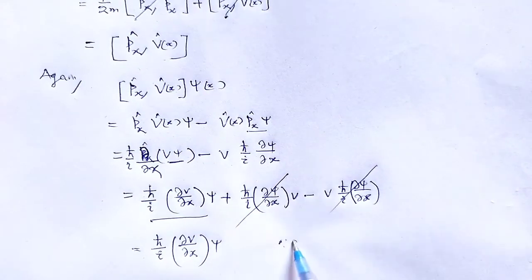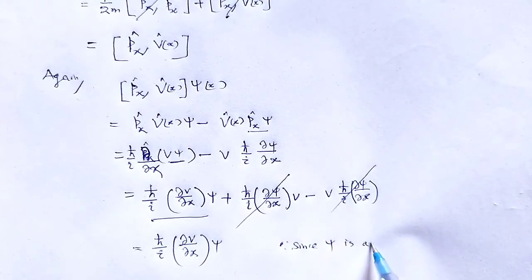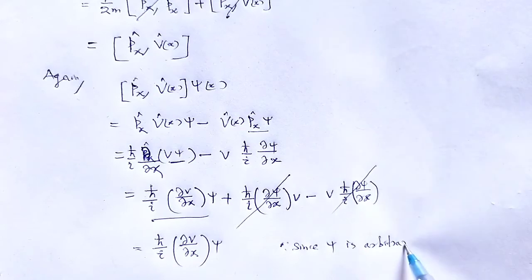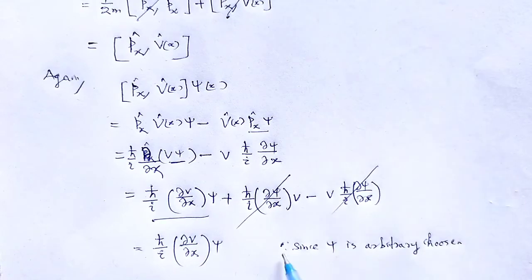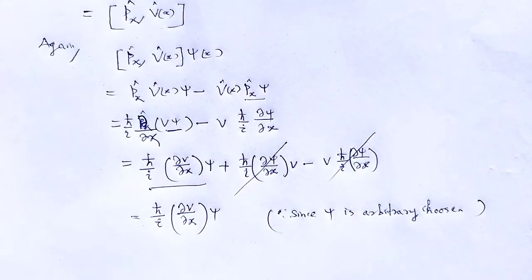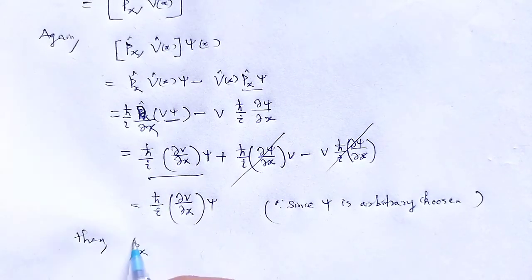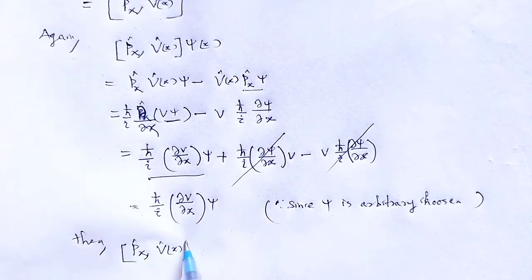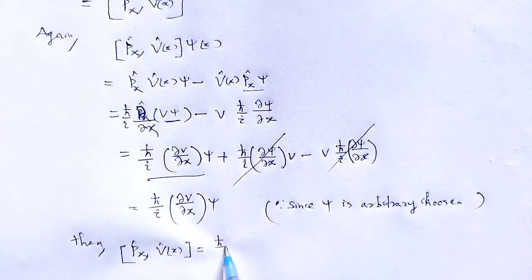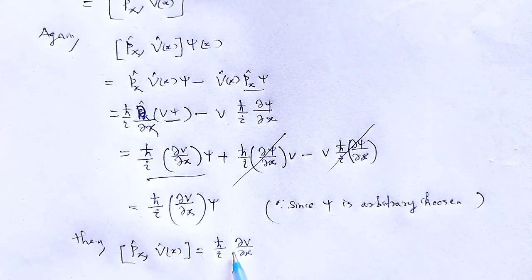Since psi is arbitrarily chosen, the commutator of Px cap and V cap x is equal to ħ by i del V by del x.